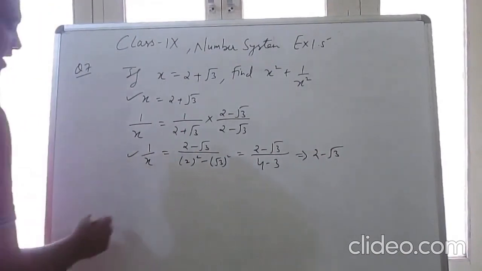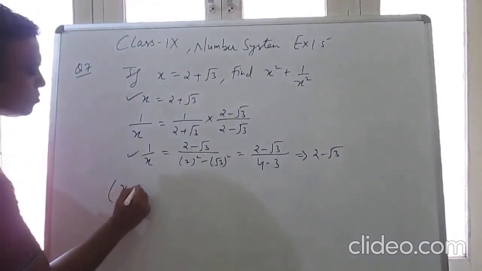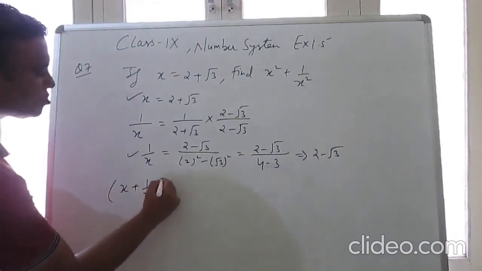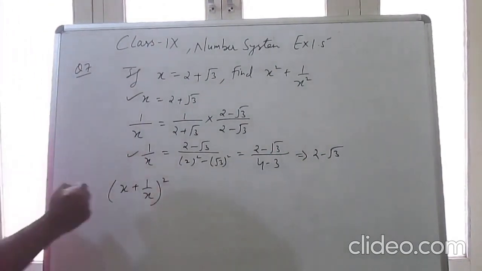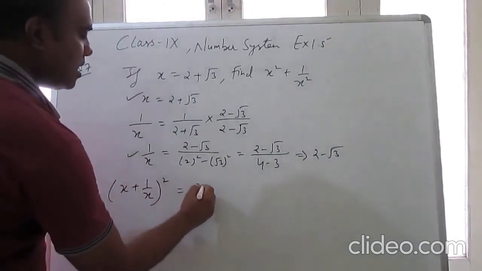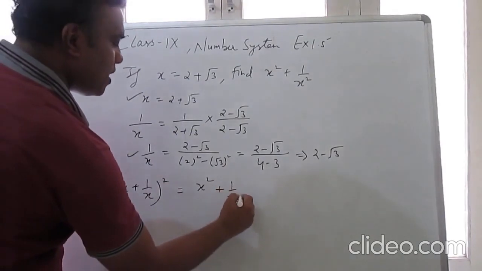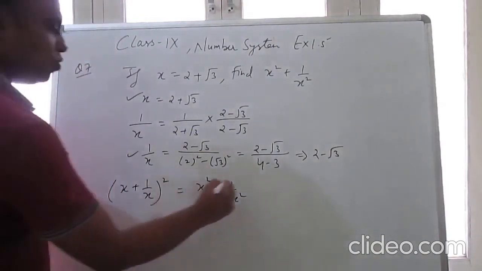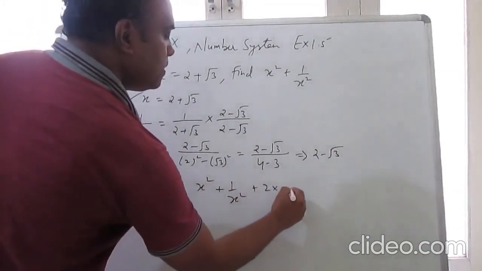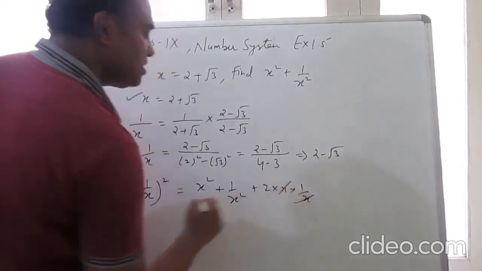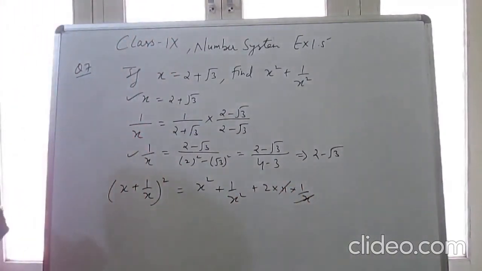We know the identity: (x plus 1 upon x) whole square is equal to what? x square plus 1 upon x square plus 2ab. So this x cancels out.